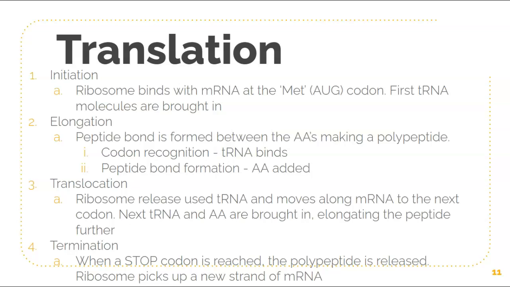You have tRNA binding, the peptide bond formation, the amino acids are being added. Translocation is the ribosome releasing used tRNA, moving along the mRNA to the next codon, and then the next amino acid is brought in, and it continues and continues, but the ribosome is moving in this one. And then termination is when a stop codon is reached, and so everything lets go of that mRNA, that polypeptide is complete, and we move on to a new strand of mRNA.